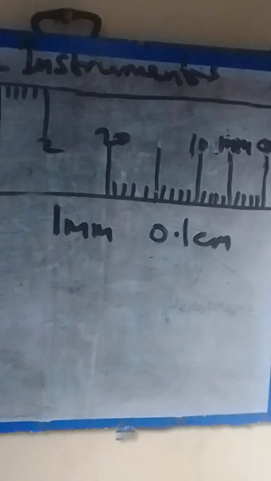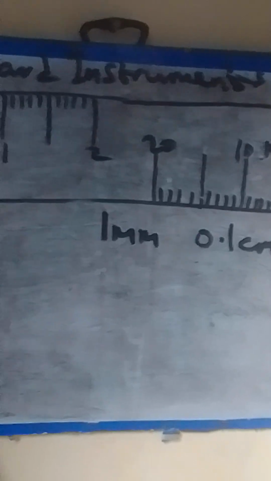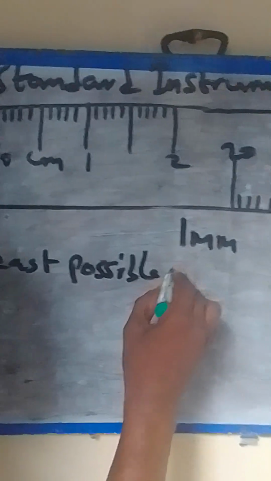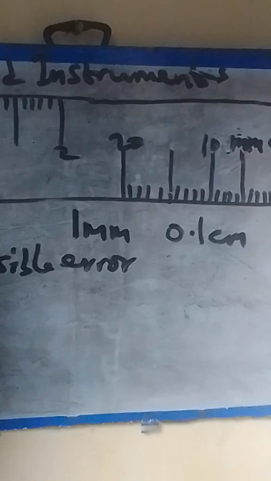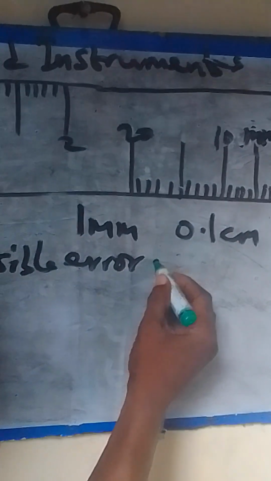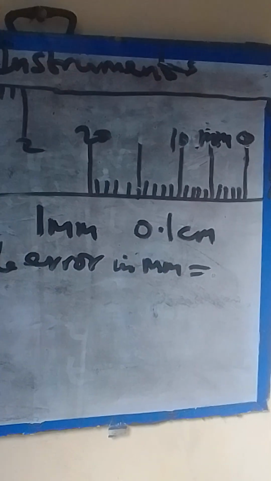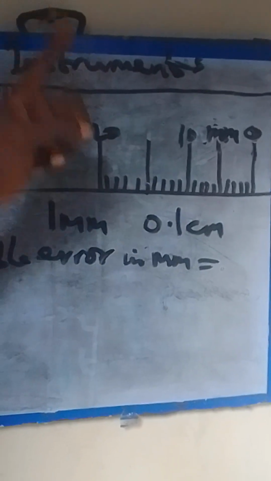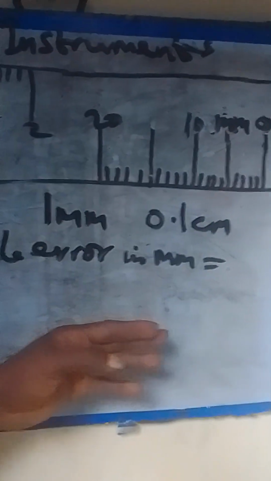So now another question can come up: the least possible error of a meter rule in millimeters is half the smallest division of the meter rule, or half the least count, or half the accuracy.